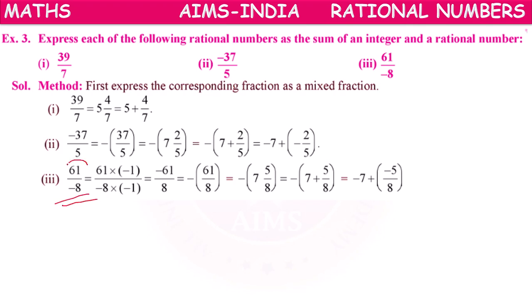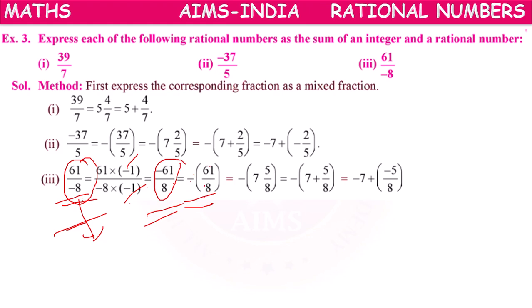So here, 61 by minus 8. The denominator is minus 8, which is not in the standard form. To be changed into standard form, multiply by minus 1 over minus 1. So minus 61 by 8. We have to keep the minus outside the bracket, so minus of 61 by 8.